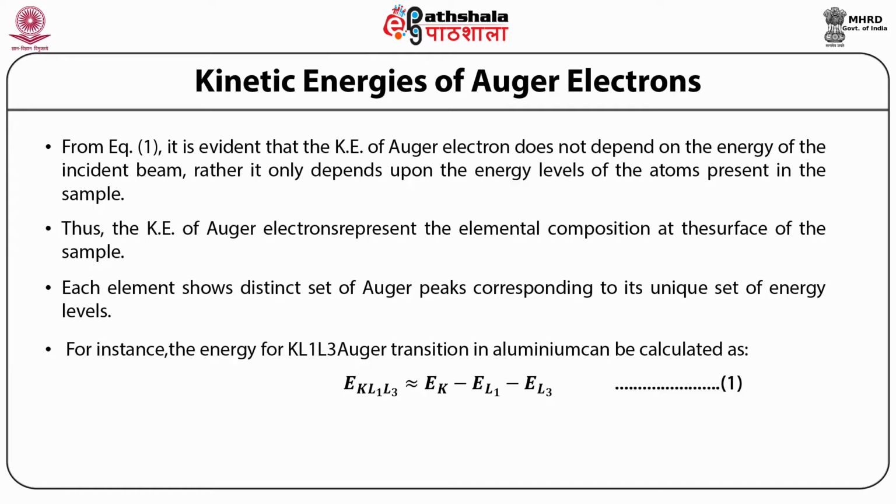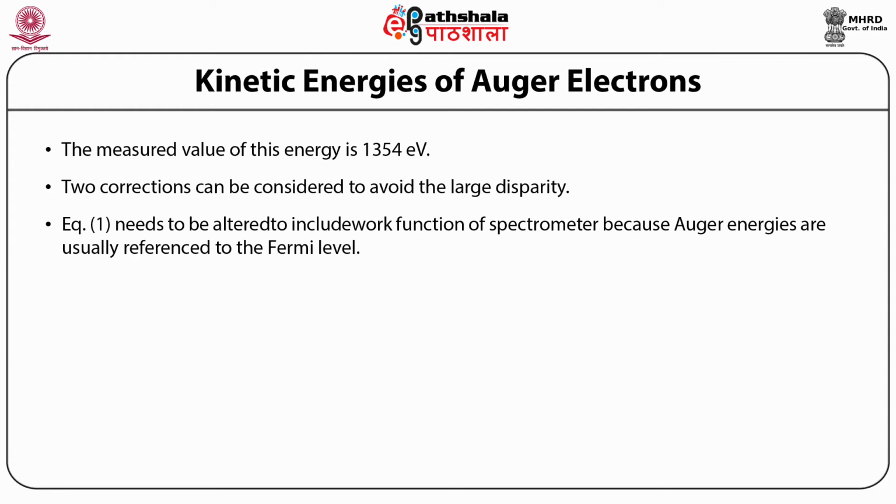This is written as 1560 minus 118 minus 73, and the net energy we get from this equation is 1369 electron volts.